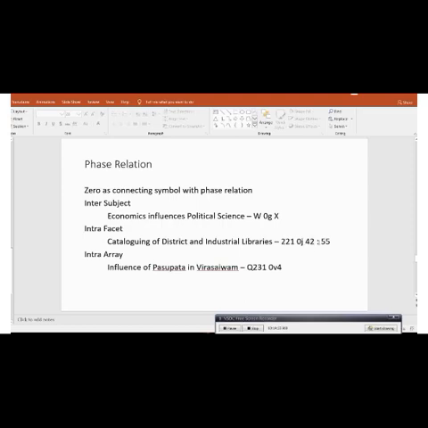So here we use the colon as the connecting symbol, 5 is the cataloging number. So J is the facet, intrafacet of cataloging of a district library. So 0 is the connecting symbol. Then influence of Pasapada and Veerasaiva. So here the two come under the same subject of religion.